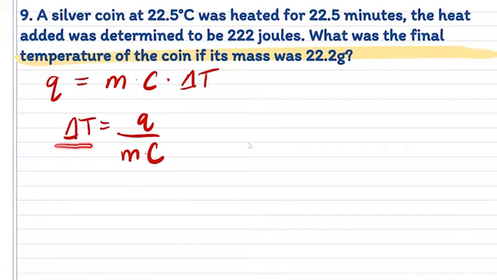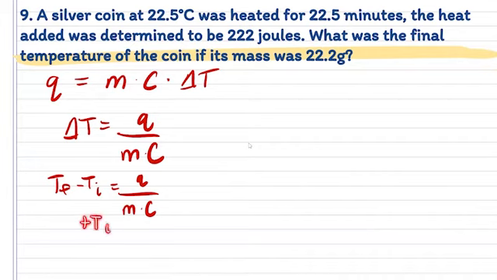We know that change in temperature is our final temperature minus our initial. So then I can separate that into T final minus T initial is equal to heat divided by mass times specific heat. And I would add T initial to both sides. That way these cancel. And I just have to say that my final temperature is going to be equal to initial plus my heat divided by my mass times specific heat.